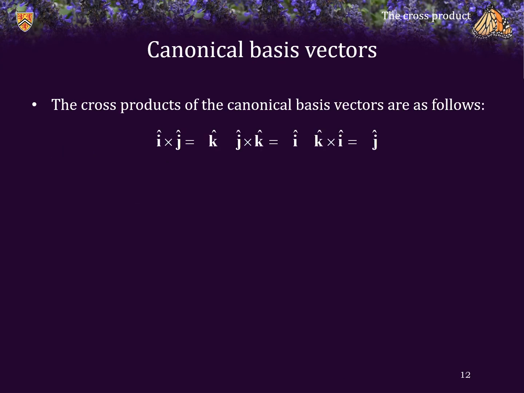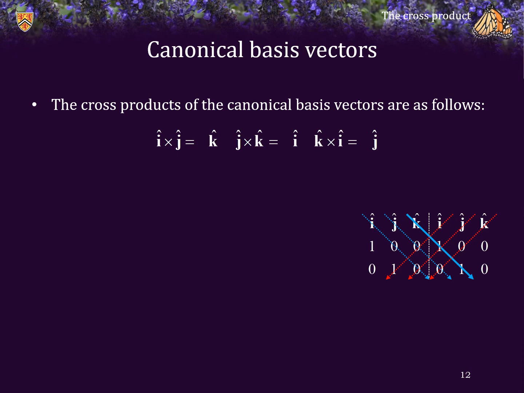Now the cross product of the canonical basis vectors are as follows. i cross j is k, j cross k is i, and k cross i is j. Now you can see this and work this out for yourself if you want. For example, here we are trying to determine the cross product of i and j.